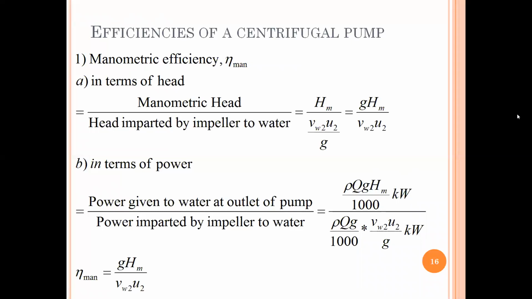Manometric efficiency can be defined in terms of power or in terms of head. First I'll deal in terms of power. Here, for manometric efficiency, the input is the power imparted by impeller to water, and the output is power given to water at outlet of pump. Both are water power, but this water power is at the impeller, whereas this water power is at the outlet.